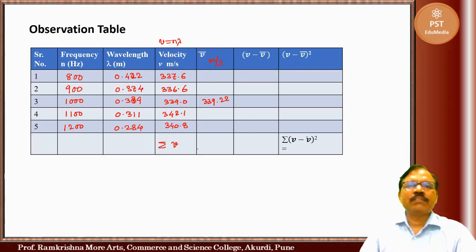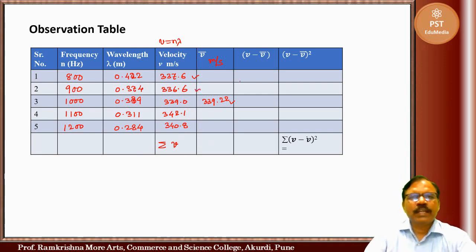Now V minus V bar means we will take this V and this V bar, then this V and V bar, and so on. So if we take the difference, 337.6 minus 339.22, we get here minus 1.62.